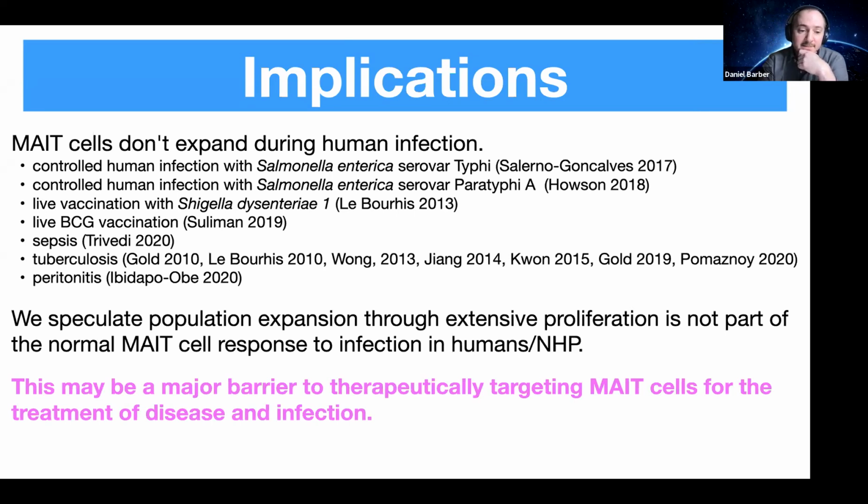Regardless, the inability to boost MAITs, to increase MAITs in vivo, may represent a pretty significant barrier to therapeutically targeting MAITs, not just for TB, but for any kind of setting. There's a lot of interest in targeting MAITs in other infections and even in cancer.